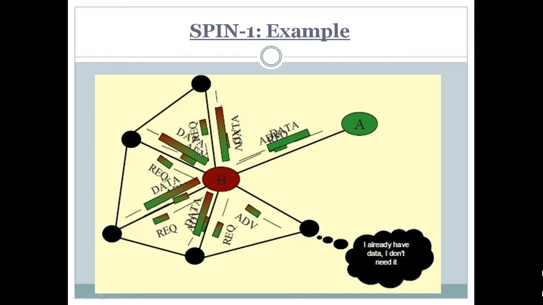A is the source node sending the data to B, and B is now broadcasting to the other neighboring nodes. In this way, the data is transferred only to the requiring nodes, and unnecessary broadcasting or flooding of the messages has been stopped.